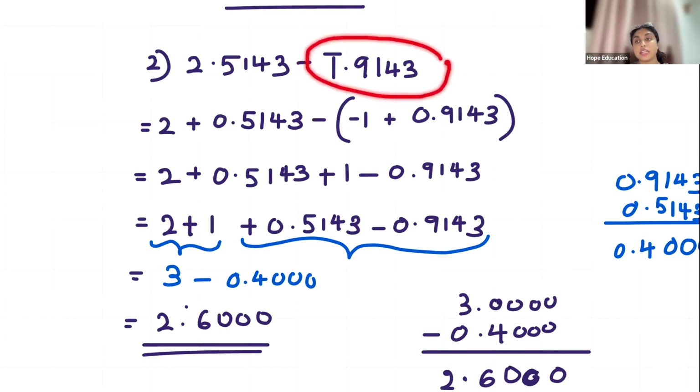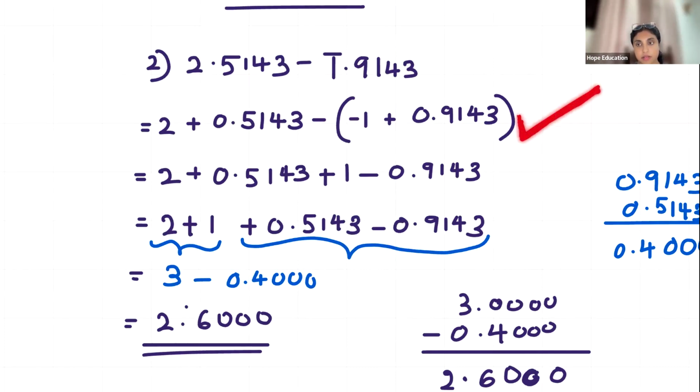When I separate them into characteristic and mantissa, minus bar 1 means minus 1, and I write 0.9143. Is it step clear, Pasidu? Step by step I will explain.